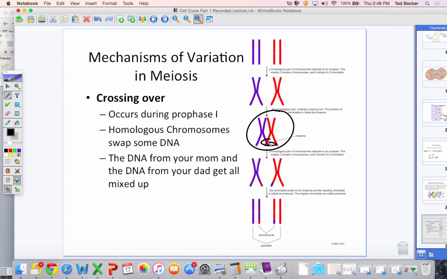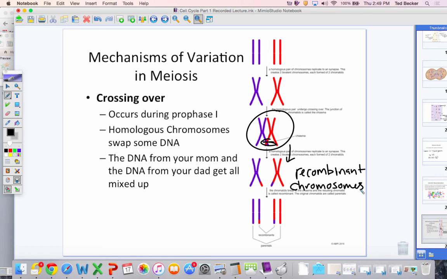So they find each other, and they cross over and they swap DNA. And after they've done this, they're known as recombinant chromosomes, because they've recombined their DNA.